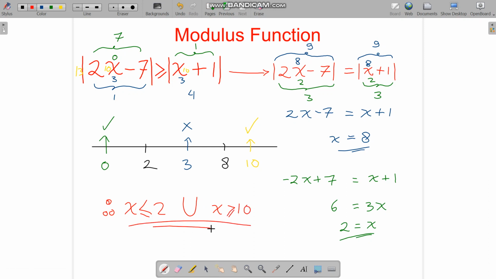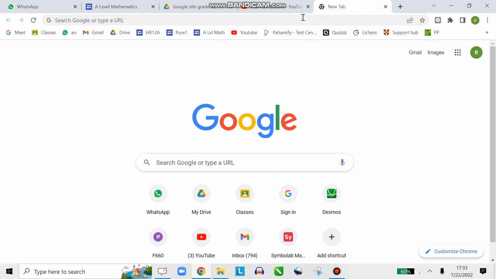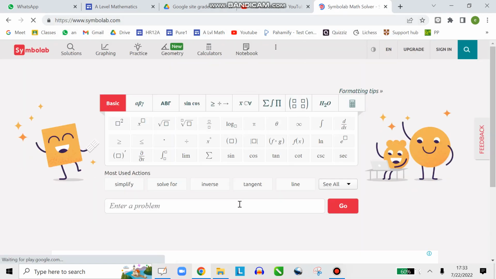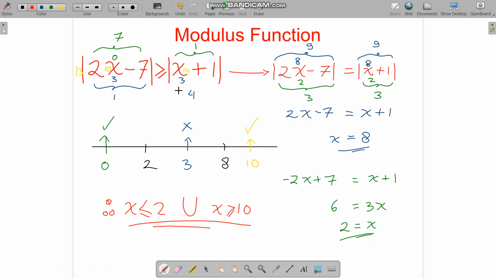So final answer. Now we're going to check using Symbolab. So go to your browser, type symbolab.com, and let's try whether it's really the answer.